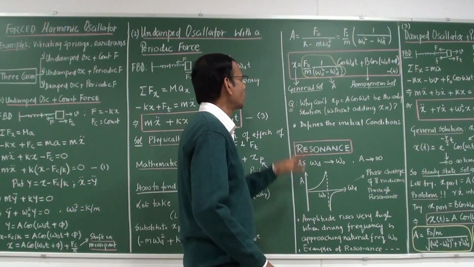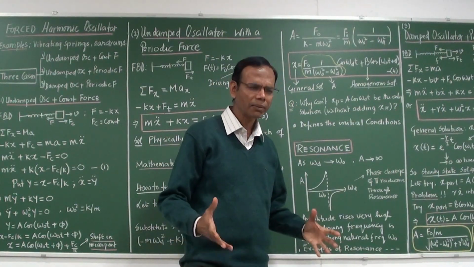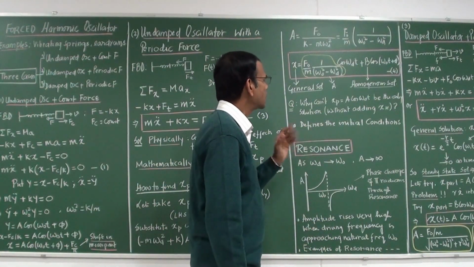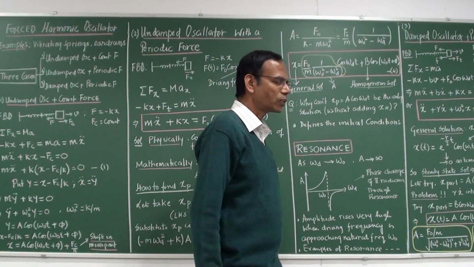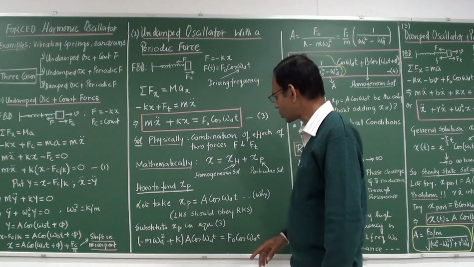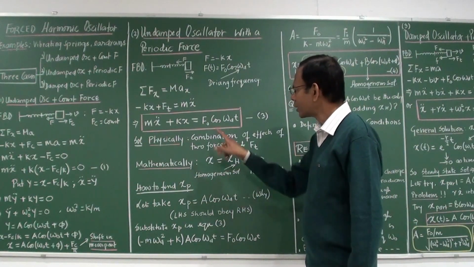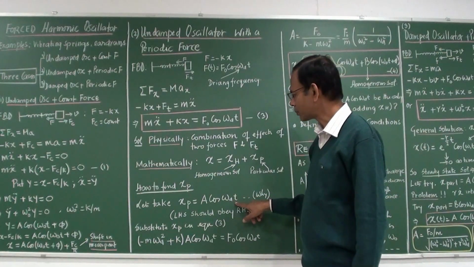Now here we have one question that comes, and that is a very, very important question. A lot of times we have doubt with this. The doubt is about this particular solution that we are taking, a cos omega t. Now this is my equation and this is the particular solution I have chosen.